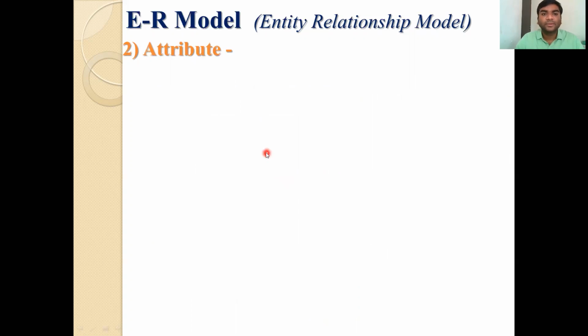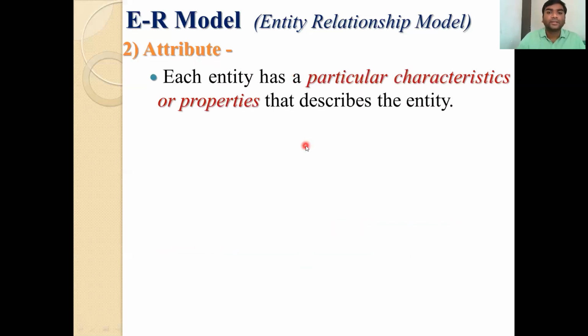The second important component of the ER model is an attribute. So what is an attribute? Each entity has particular characteristics or properties that describe that entity. So consider one entity, student. Student is one entity.